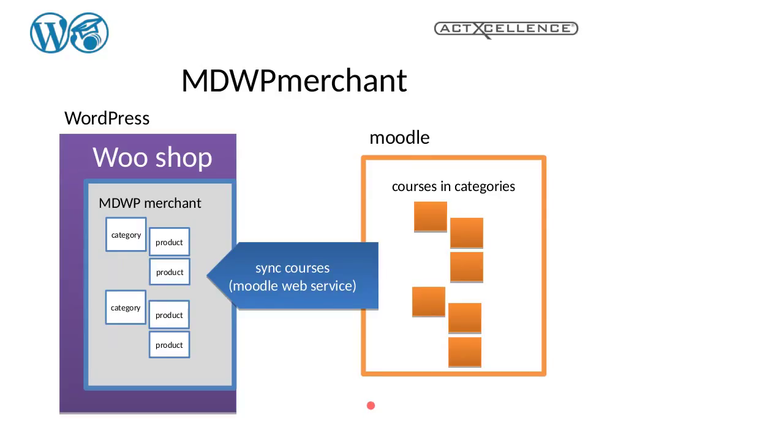And the magic and the very powerful functionality from Moodle to WordPress Merchant is that if you have a structure of courses in your Moodle or something will change, you just press the button and get the new updates into your Woo shop. All the products in Woo are updated from Moodle.